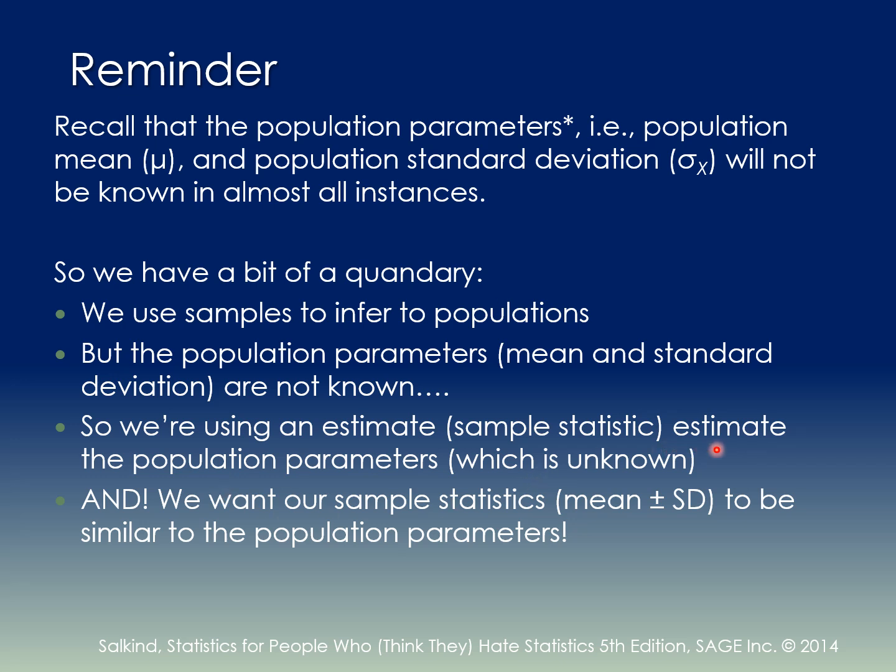Here I have that on this third point. So we're using an estimate, the sample statistic, to estimate the population parameter, which is unknown. And then on top of that, we want our sample statistics, the mean and the standard deviation, to be similar to the population parameters. It's worse than trying to nail Jell-O to a wall.